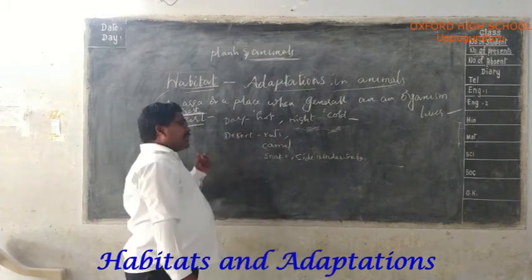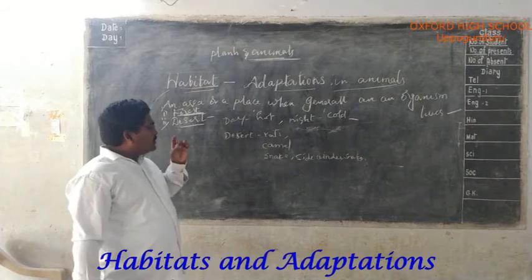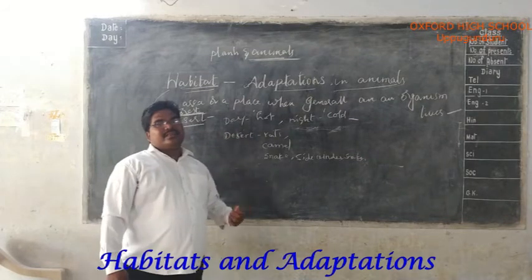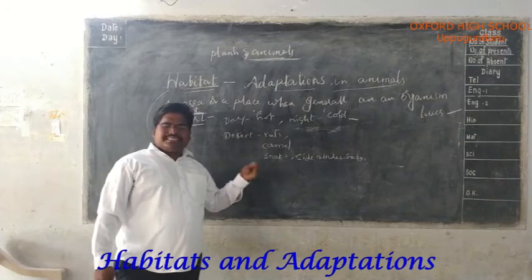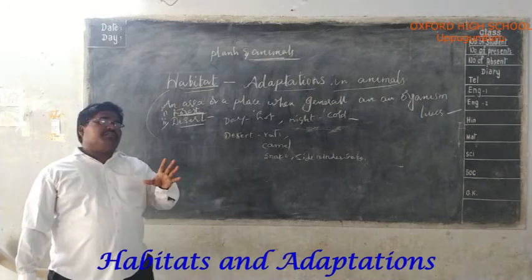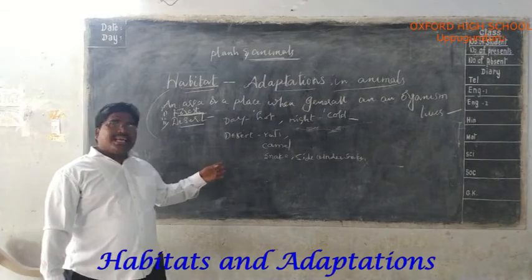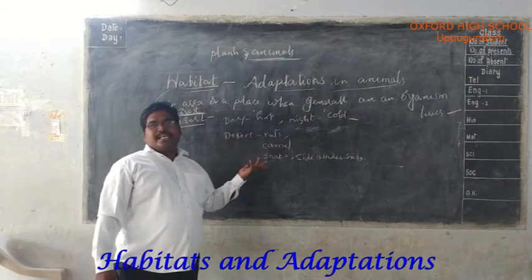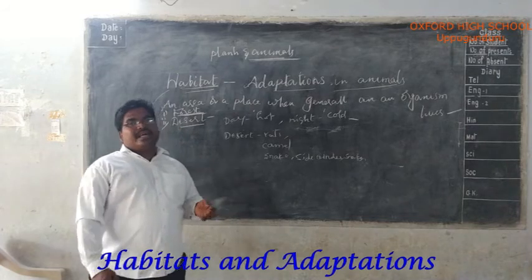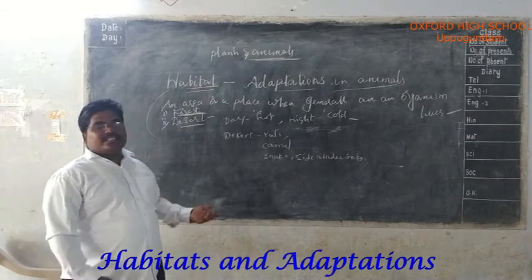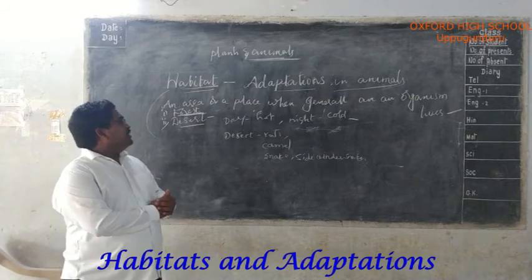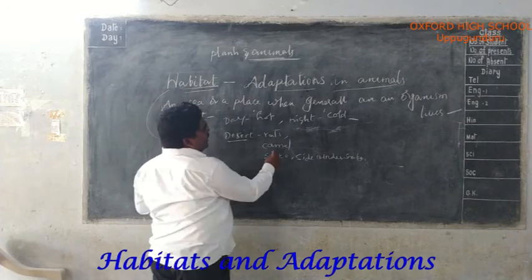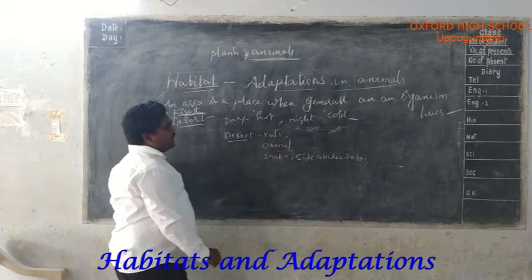Very few animals live in the deserts because it is a dry area. It does not get any type of rain. When compared with our surroundings, the deserts get very little rainfall. Because of that, it is a dry area and very few organisms live here.